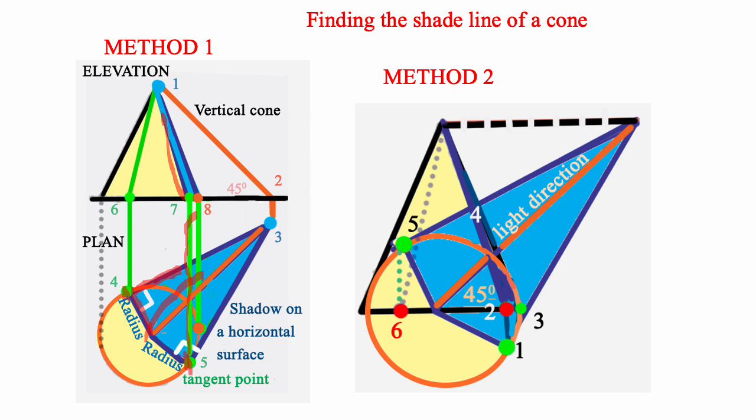Now in the second case, we have the light direction, we have the radii that are still perpendicular to the sides, but this time, for example, number 1, we have to take it vertically up to number 2 to find this shade line for number 4. And if we want to find the shade line in back, we go vertically down from number 5 to number 6, and this would be the shade line in back.